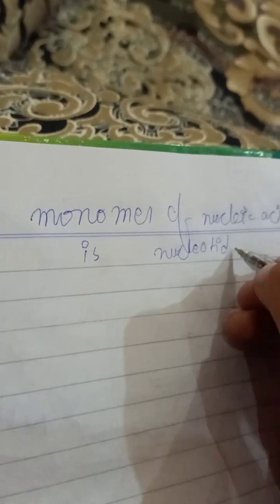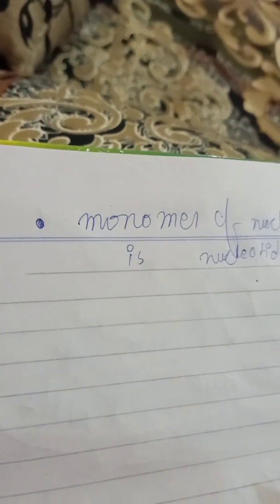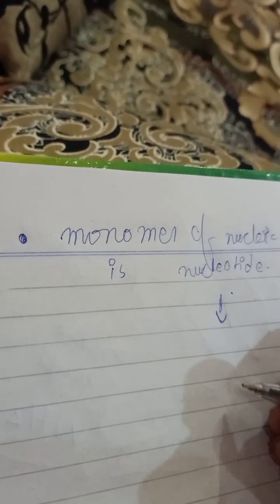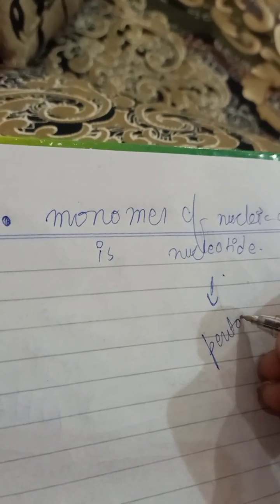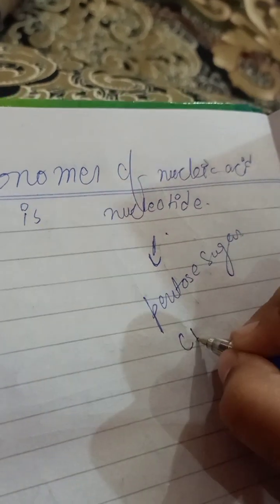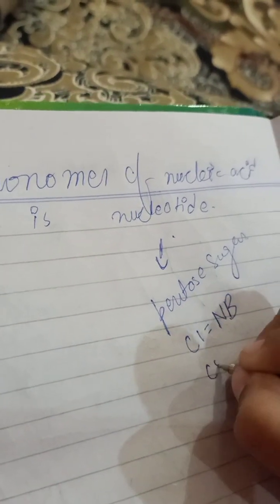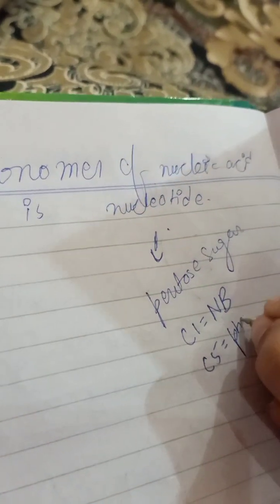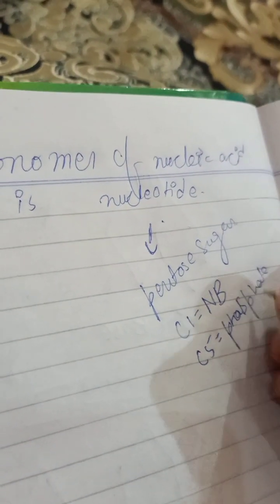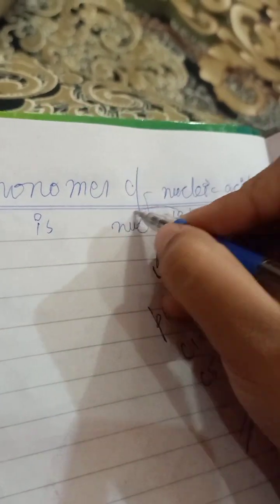Now what is a nucleotide? In a pentose sugar, at carbon number 1 there is a nitrogenous base, and at carbon number 5 there is a phosphate group. That is called the nucleotide.